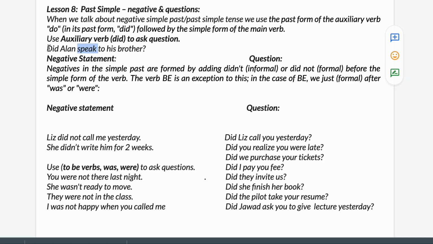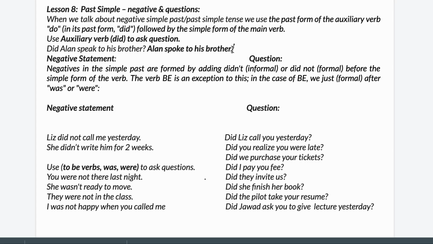Now this is a question, but if you want to make this a statement, we say Alan spoke to his brother. This is a statement. Why?